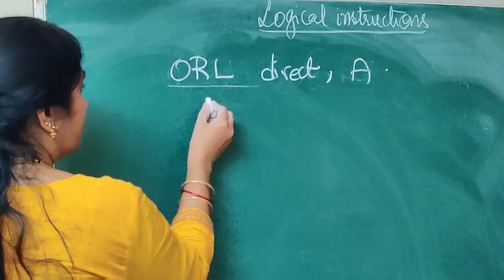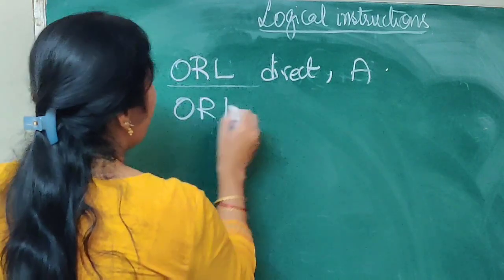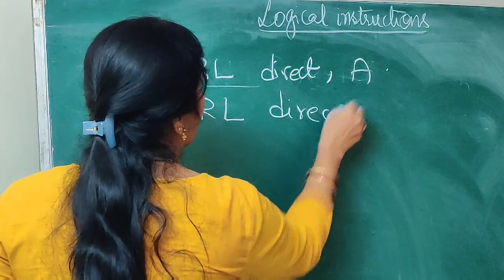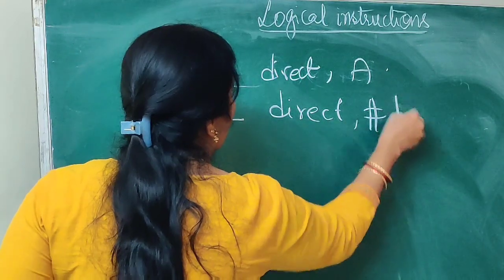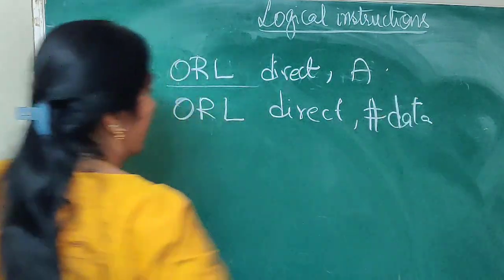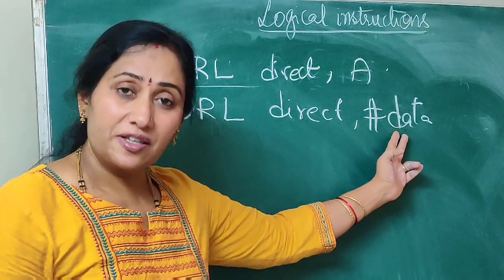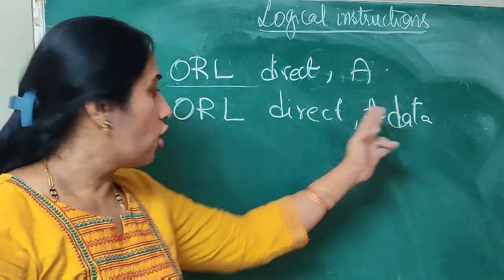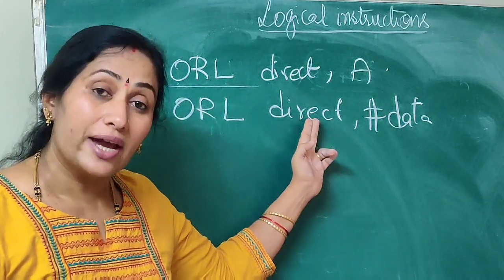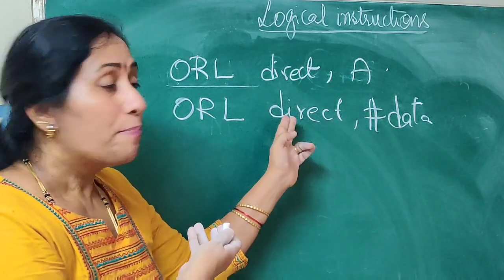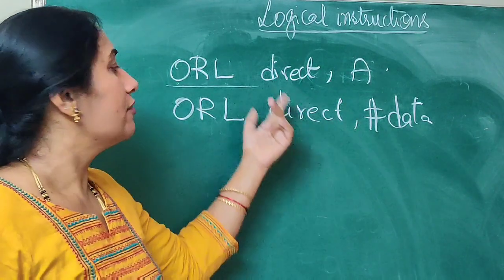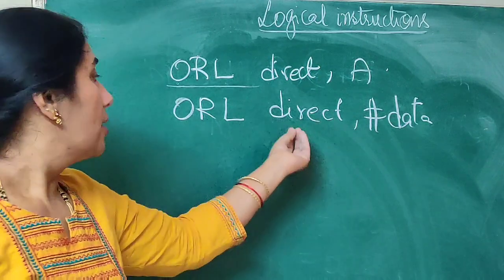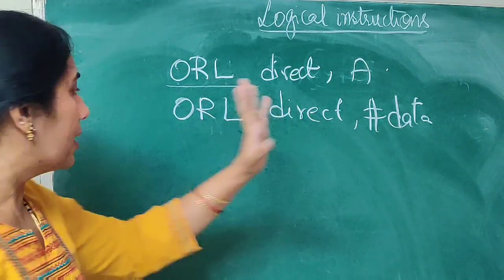Okay, next one: ORL direct comma hash data. The immediate data specified in the instruction will get ORed with the contents of the memory location whose address is part of the instruction, and the result will be placed in the direct address, the destination address only.